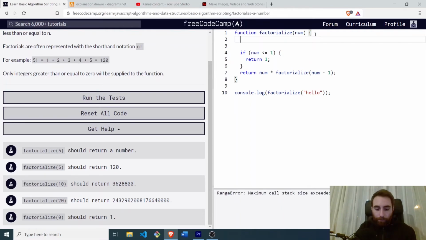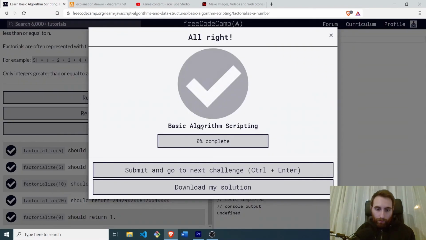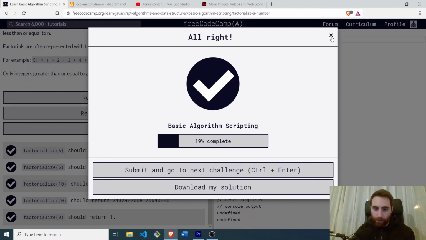So we're gonna add the constraint that if it's not a number, then just return out of the function, and it's gonna give us undefined, because hello goes there. And this should pass the tests, and it does.